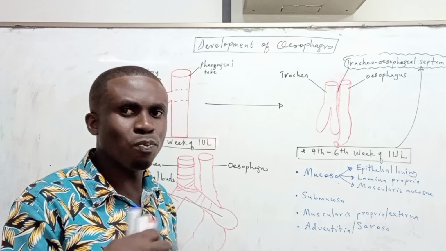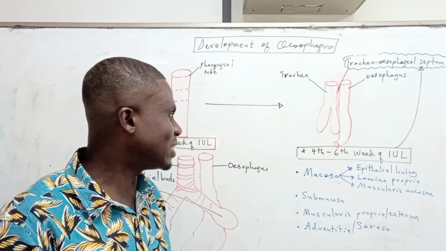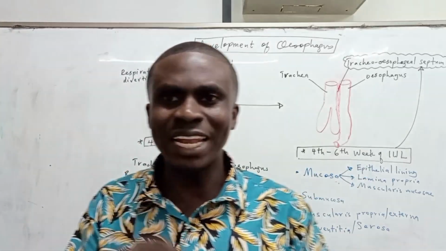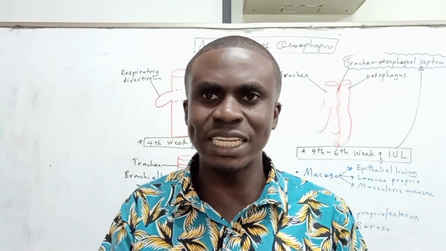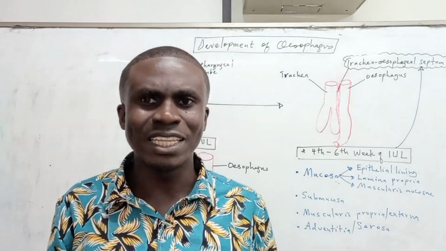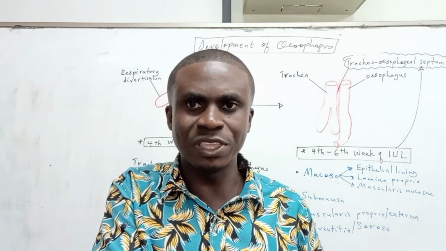Now, the next key point I want you to become aware of is the histological changes. Let's first begin looking at the epithelial lining. The epithelial lining of the esophagus postnatally, if you take a section of the esophagus, you will see is stratified squamous non-keratinized epithelium.